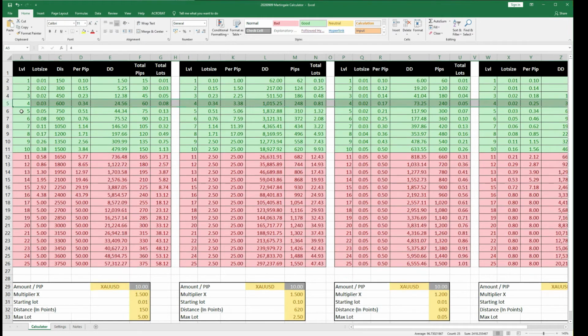And even if it hits the 5th position, because your margin percentage is so low, it will not be able to open the 6th position in order to recover, because it's your fault, you didn't specify the max lot, you see, is set as 5.